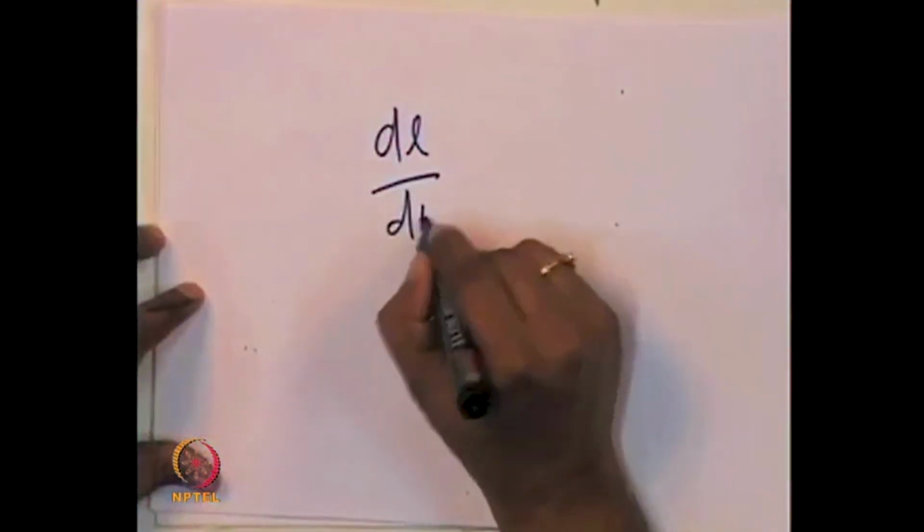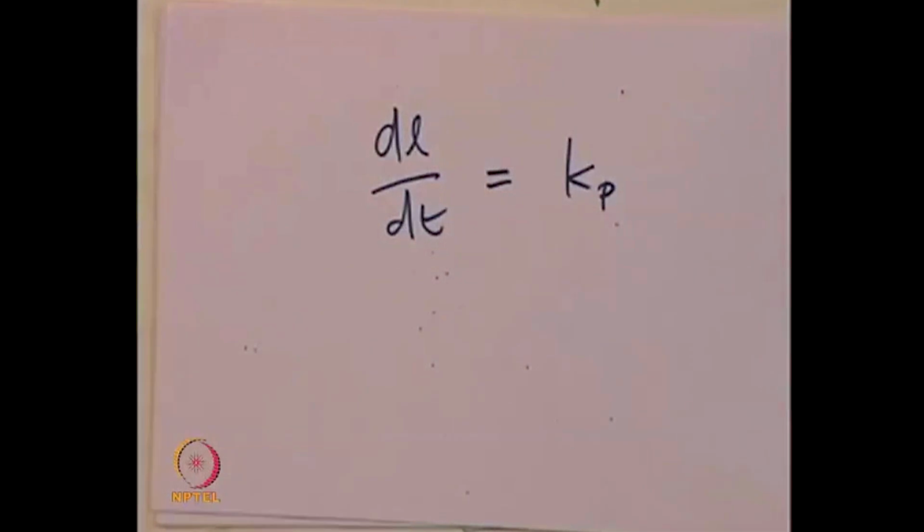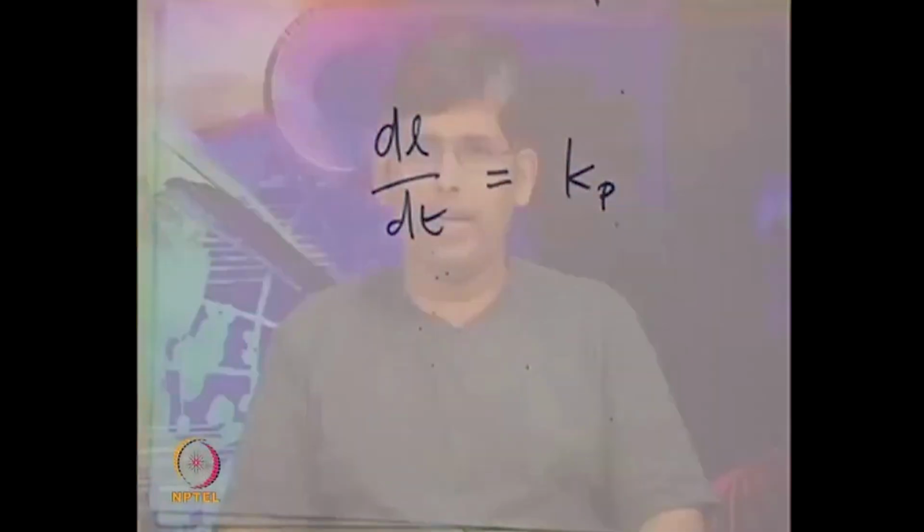So, keeping this in mind, let us study and understand the differential equation that we have in hand, which is dl by dt is equal to Kp. When we see such an equation, what immediately comes to your mind?